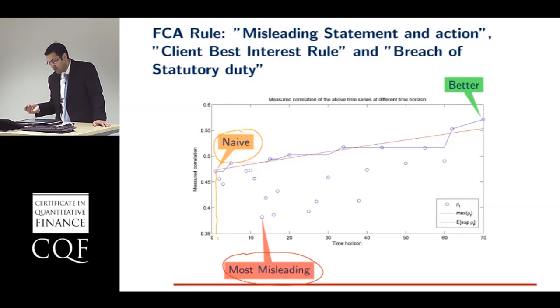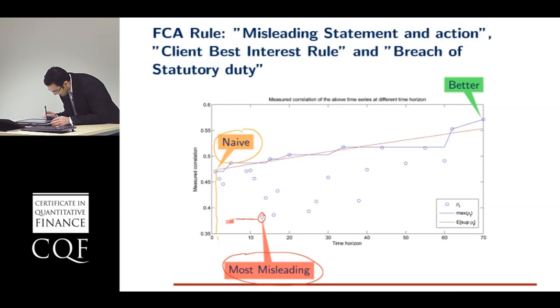In order to achieve this, I need to show them a very low correlation. So your quant is going to look at the measured correlation at different time scales here, and he's going to notice that the lowest correlation he can achieve is, let's say, somewhere between 35 and 37.